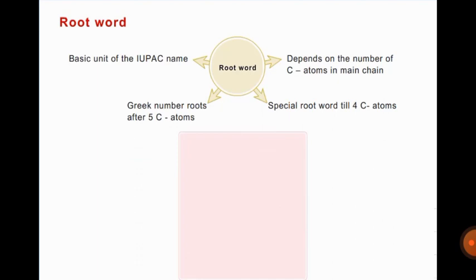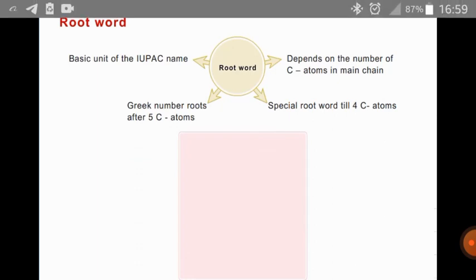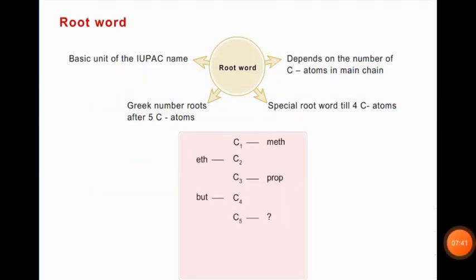According to IUPAC, there are special root words up to the fourth carbon atom. If there is only one carbon atom, it is meth; 2 carbon atoms, eth; 3 carbon atoms, prop; 4 carbon atoms, but. After 4, the root words use Greek numbers, from 5 carbon atoms onward. This is how it comes.